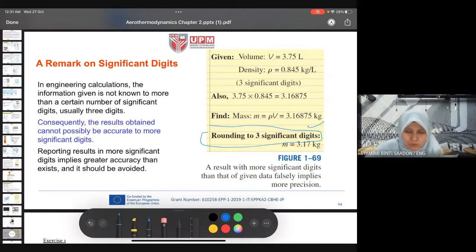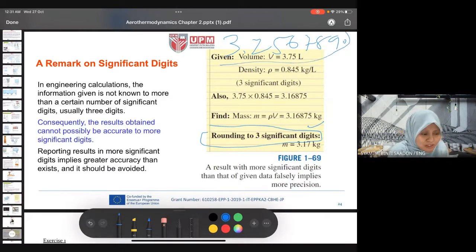Not too big. Sometimes students put answers like this: 3.25678 9. It's too long and it's not neat. So you have to simplify by rounding your answers to 3 or 4 significant digits.